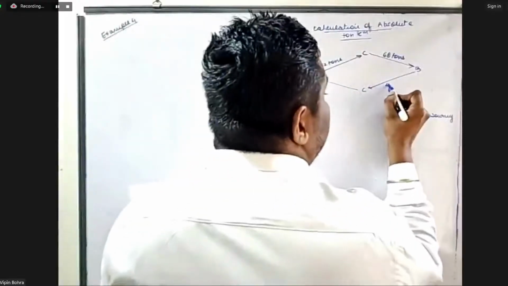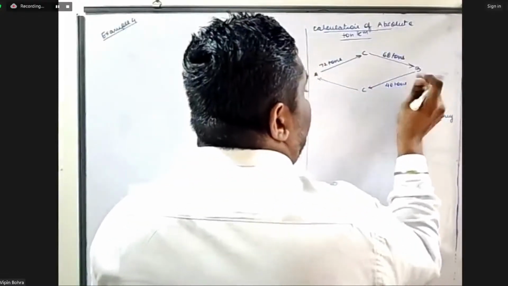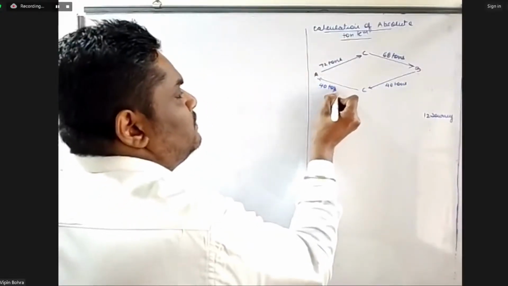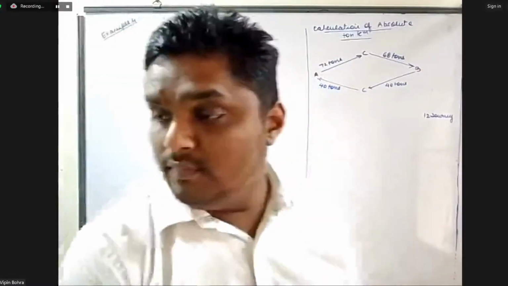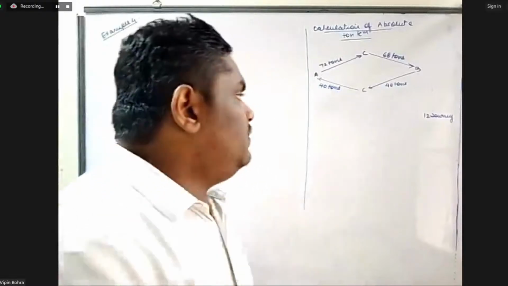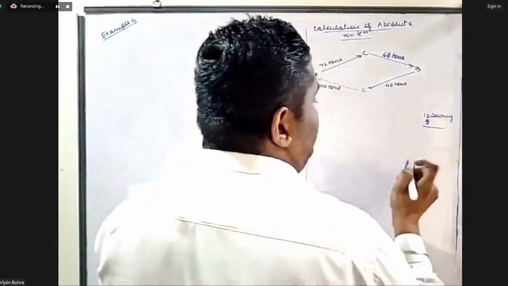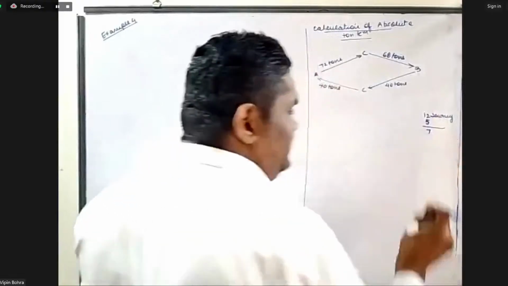So 40 tons. From B to C and C to A, the full 40 tons went. So out of 12 journeys, in 5 journeys they carried 8 tons. The balance is 7 journeys.